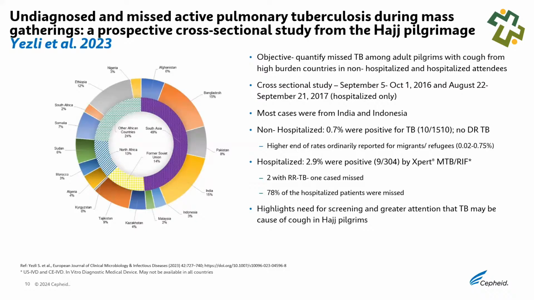Right now, we are looking at a study that looked into undiagnosed and missed active pulmonary TB during a mass gathering. This is a cross-sectional study, and it found that 0.7% of the non-hospitalized and 2.9% of the hospitalized international travelers attending this gathering from high TB burden countries actually had active TB, with 78% of the hospitalized cases being missed.